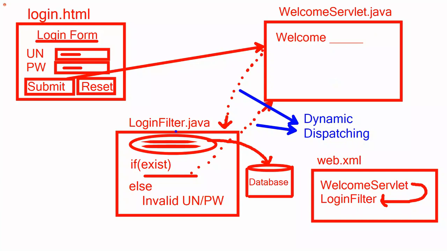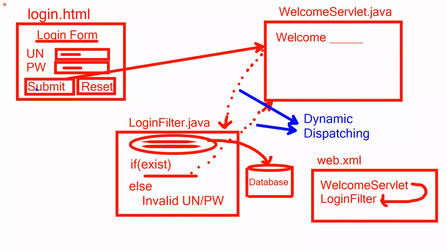Now, this login filter is an independent program. It is not for the particular welcome Servlet only. You can apply it to other Servlets also. For example, this is one program. One more HTML I'll write, and a mail Servlet.